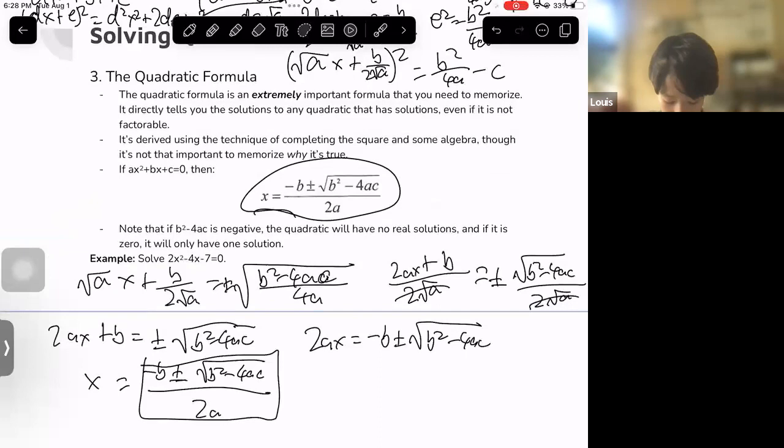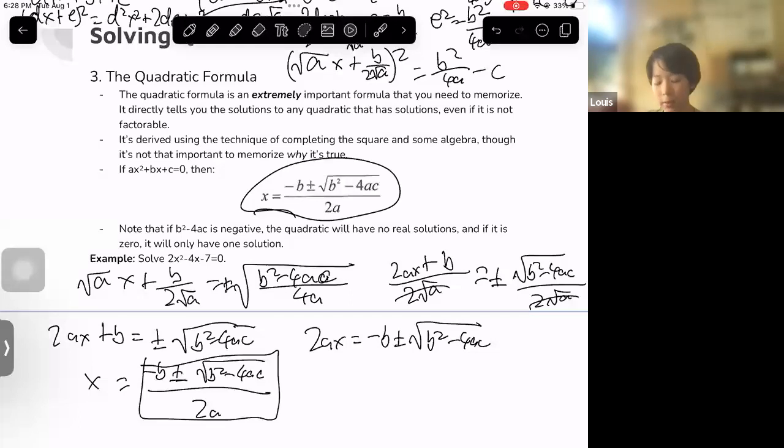And if the part under the square root in our quadratic formula is negative, then we will have no real solutions. But we may have imaginary solutions, which I'll not go over in this lesson.